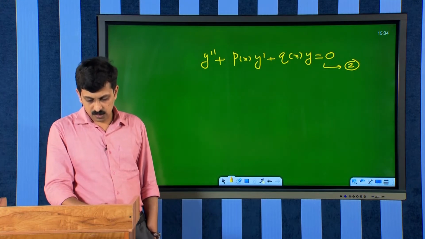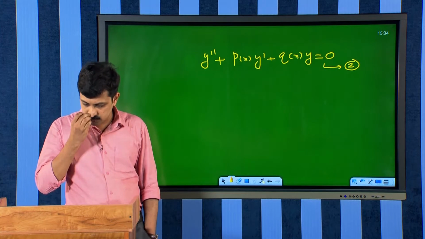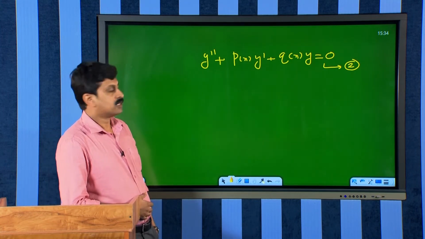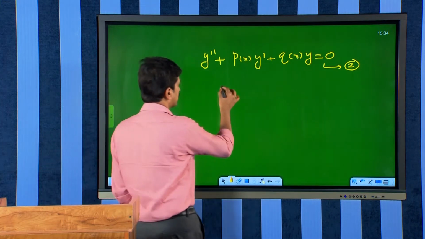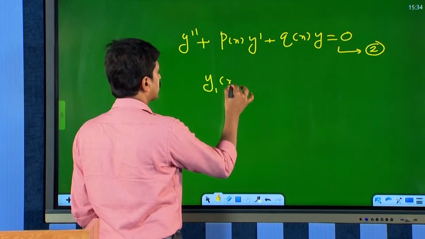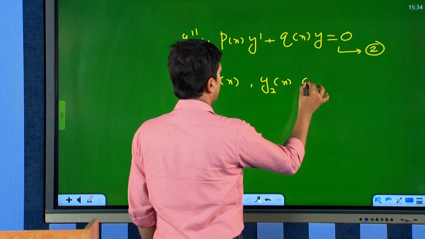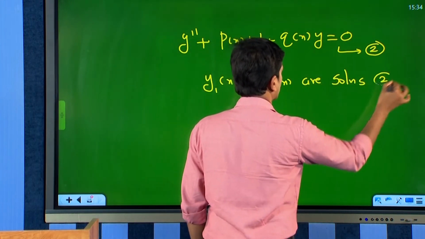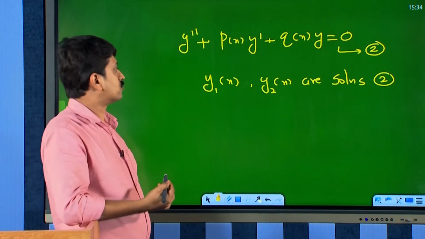Now in this session, suppose y1 and y2 are two solutions of this differential equation, that is, y1 = y1(x) and y2 = y2(x) are solutions of the differential equation 2.